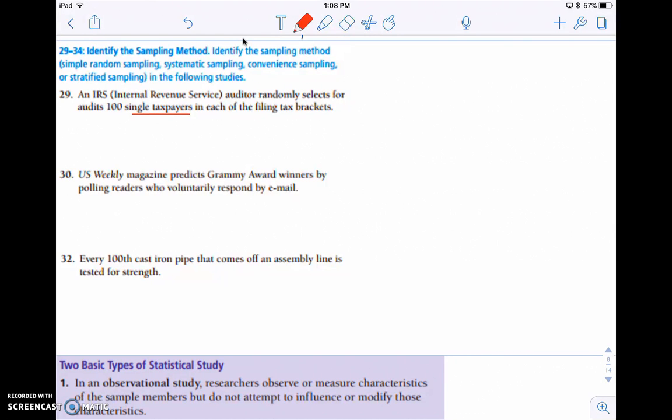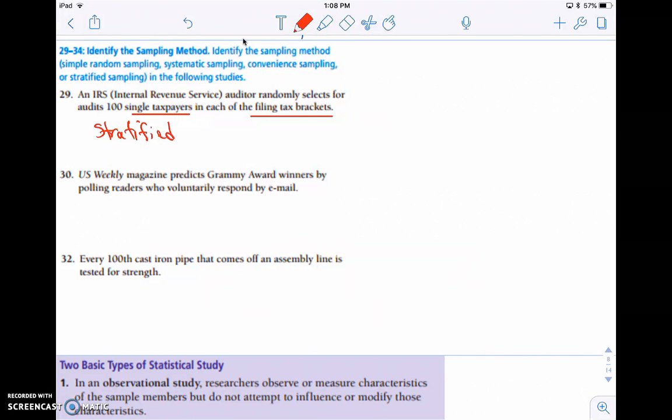Okay, so he's focusing in on a subgroup of all the taxpayers, and that's the single. So again, when we focus in on subgroups, then this is what we call stratified. Because then he's going to be looking at those subgroups in all of the filing tax brackets. So it would be a stratified sample.